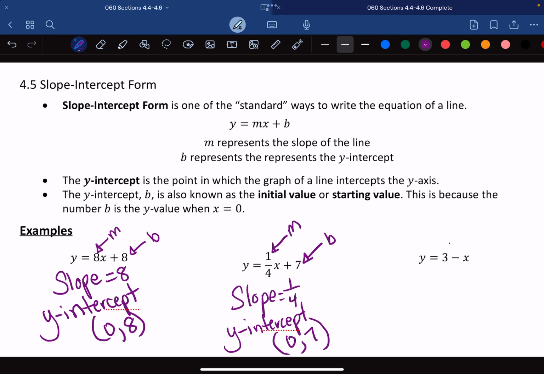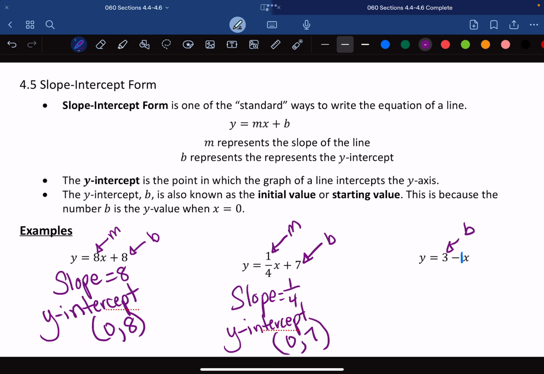And I mention that our slope is by the x value because of this next example here. Notice that our first number is not our slope because it is not beside the x value. The x does not actually have a number in front of it, so I added the number 1 because 1 times x is still x.